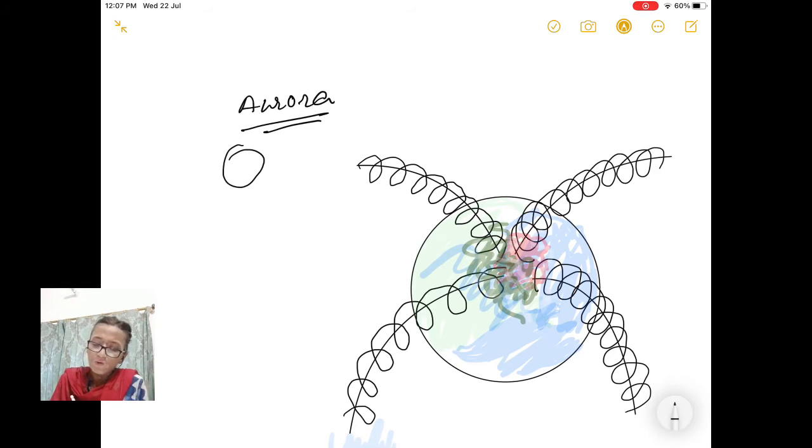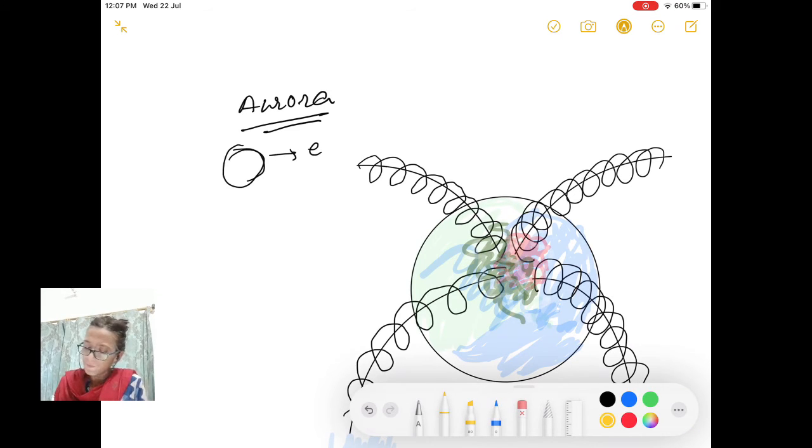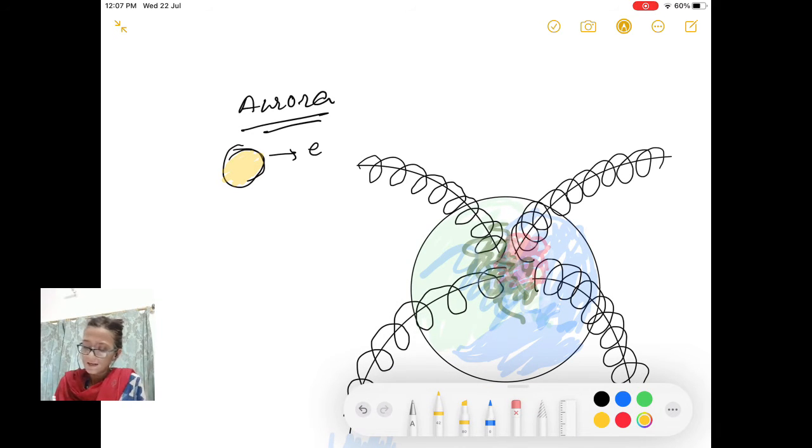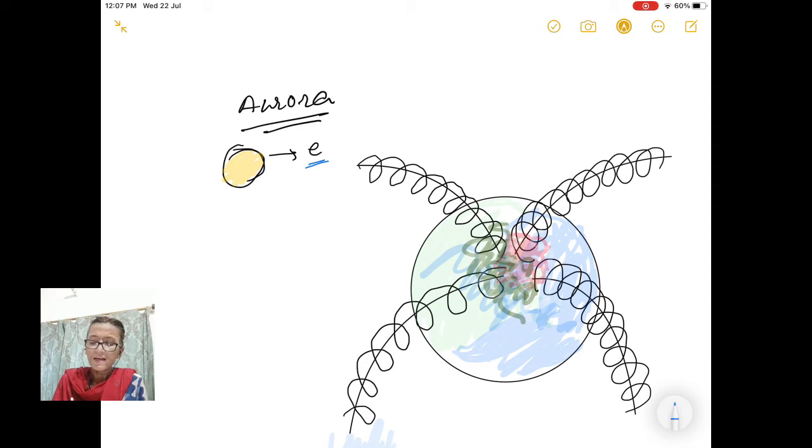Actually, what happens is that radiation from the sun, carrying solar flares and electrons, which are charges, reaches Earth's atmosphere and Earth's magnetic field.